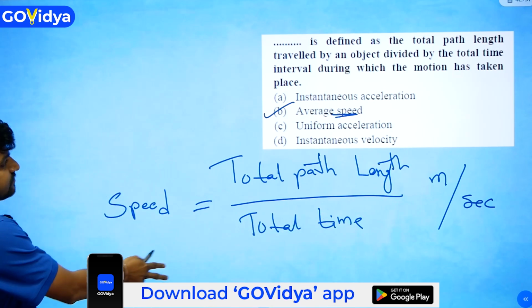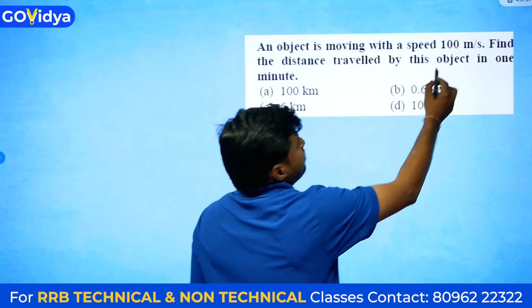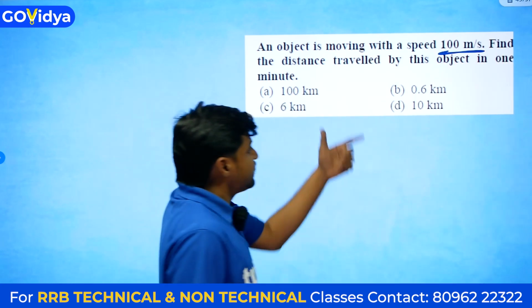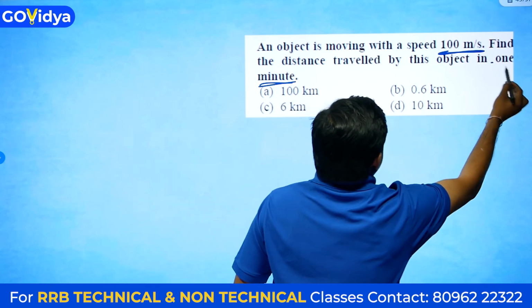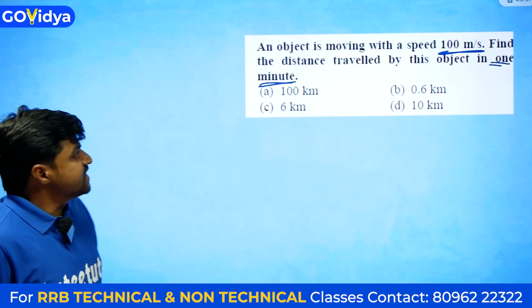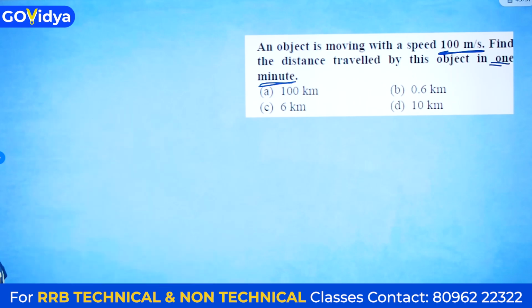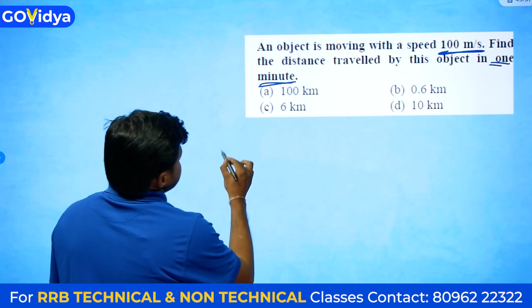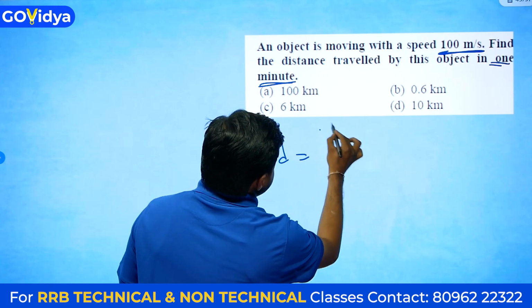Okay, next question. An object is moving with the speed 100 meters per second. Find the distance traveled by the object in 1 minute. Time is given and also speed is given. We have to find distance. We know that speed is equal to distance by time.